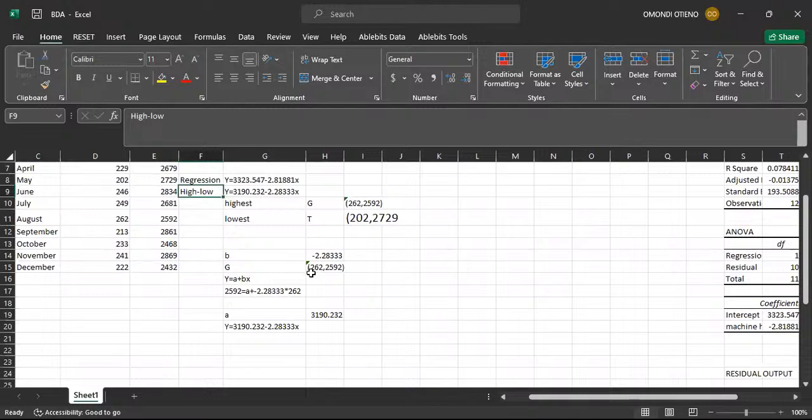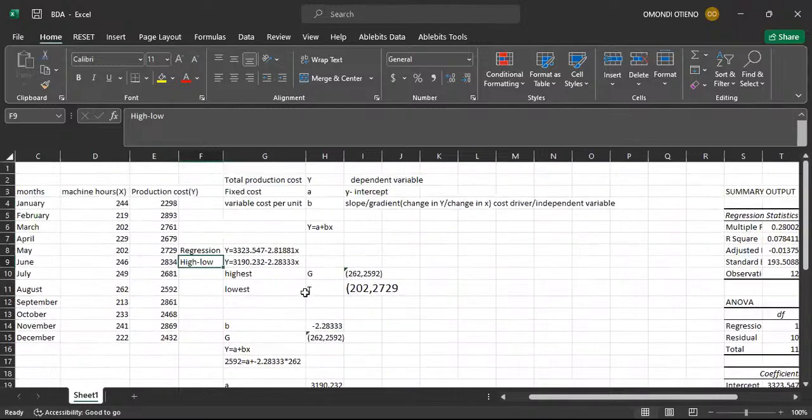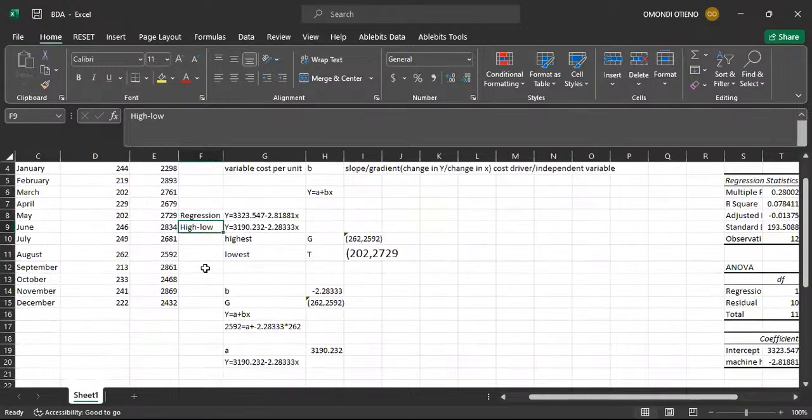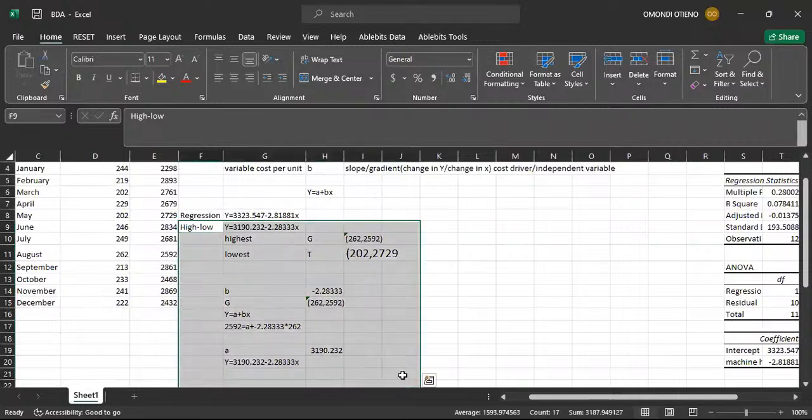That is the simplest way of doing regression analysis or getting the cost function using the High-Low method. So this procedure using the High-Low method is the same. The only thing I want to make very simple now is getting the highest and the lowest value.